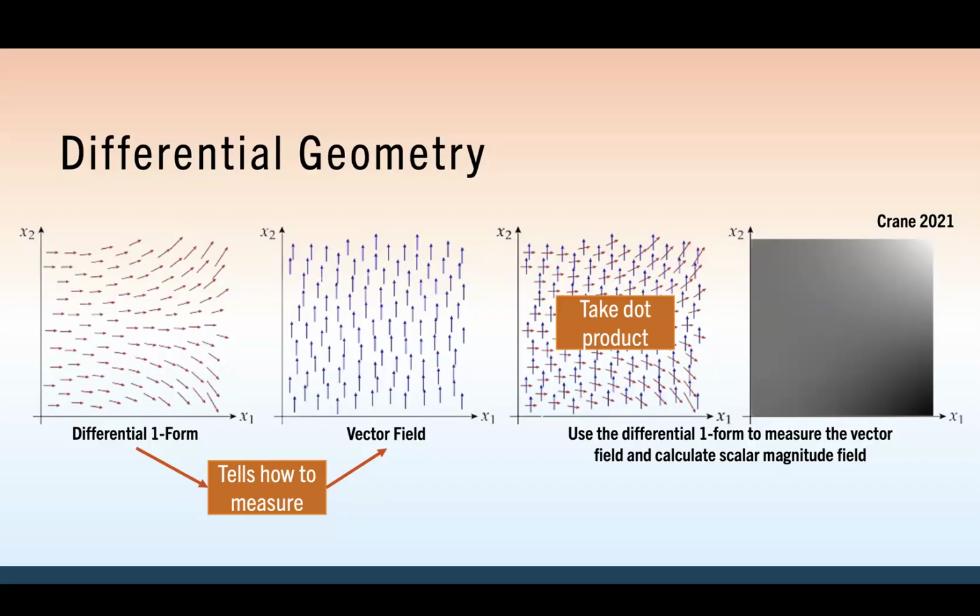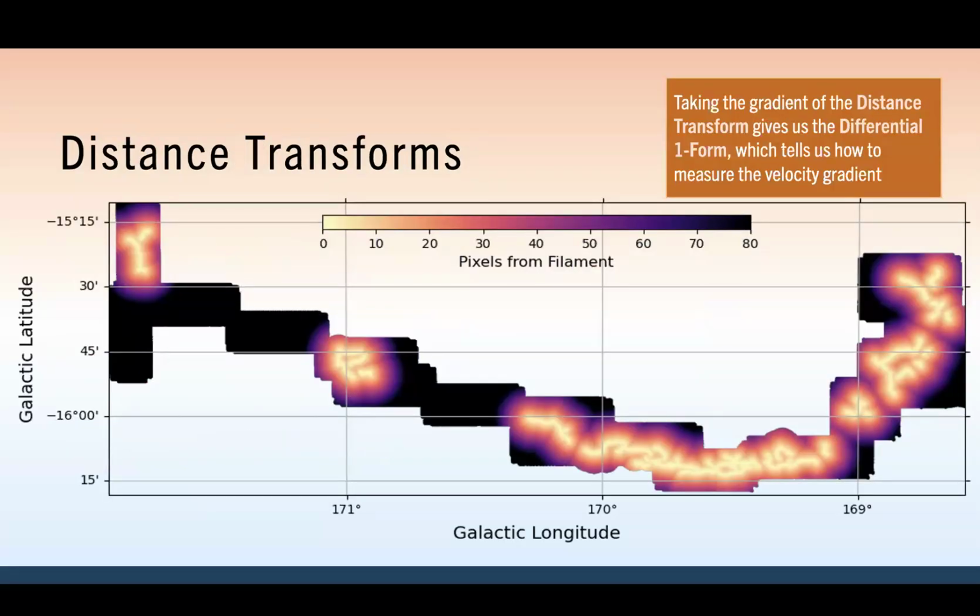In this case, it'll be the gradient of a velocity map. Then when we project this vector field onto our differential one-form vector field, which just involves taking a dot product at each pixel, it gives us a scalar field that tells us about the quantity that we're trying to measure in a given direction. This will make more sense with some visuals that are specifically from this project.